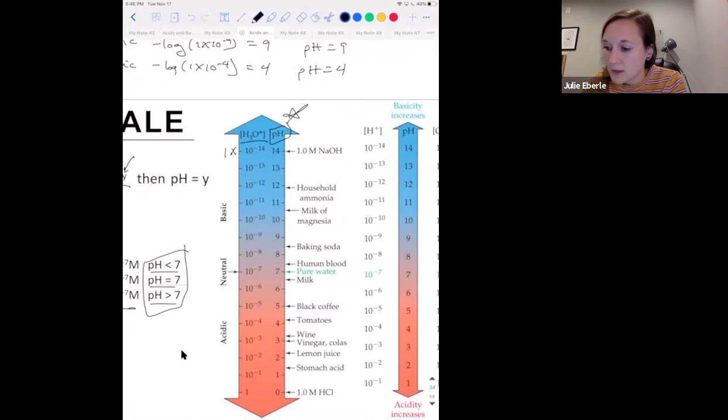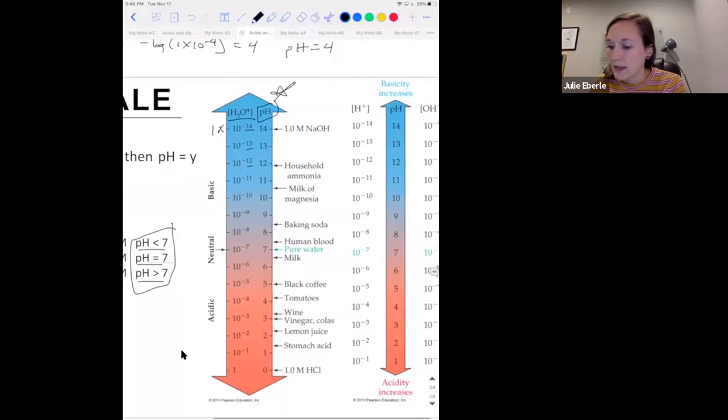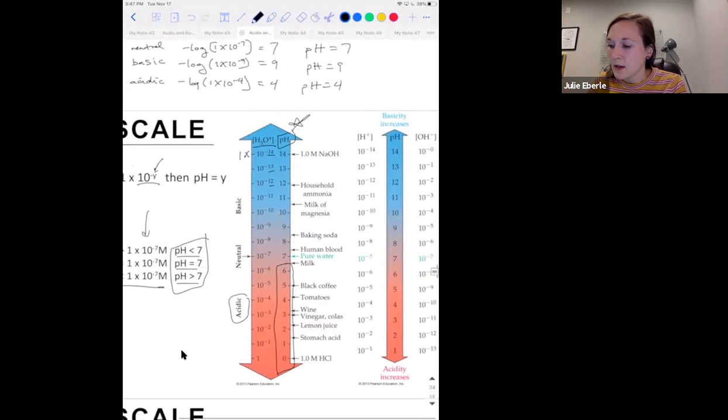So you just look at the exponent that matches up with your pH number. Okay. And then it gives you several different substances to show you how acidic or basic they are. All right. Notice as you go down, you become more acidic. So it's these lower pH values between 1 and 6 really that are acidic pH values. And then the numbers above 7 are where you become basic.